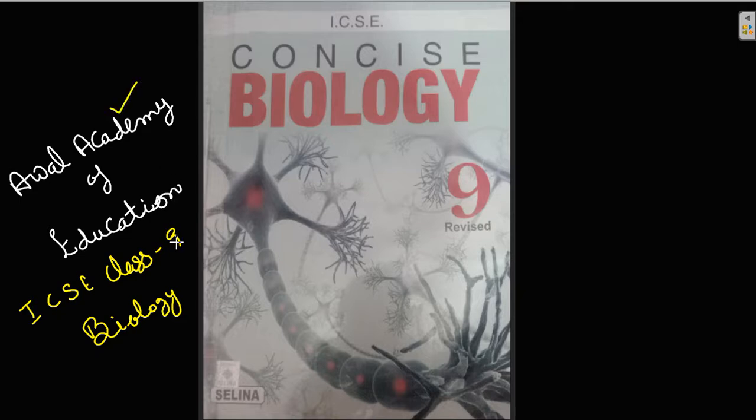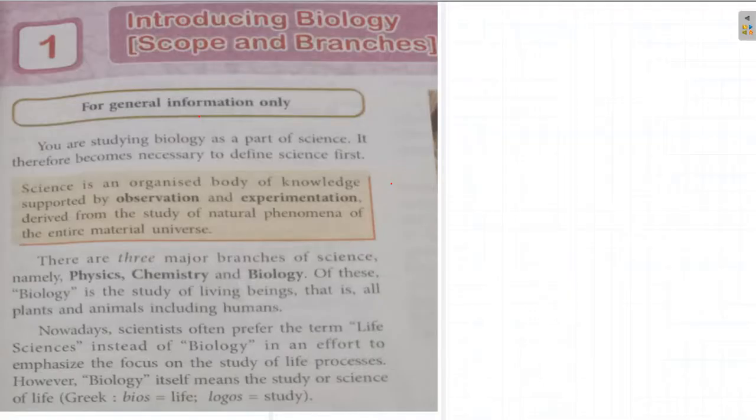In today's video, we are going to discuss ICSE class 9th biology. The book is ICSE Concise Biology Class 9 by Selina Publications. Chapter one is Introducing Biology, Scope and Branches.